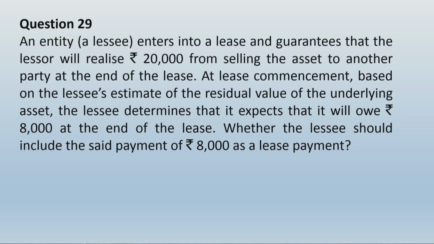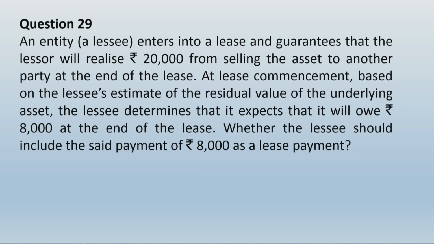At lease commencement, based on the lessee's estimate of the residual value of the underlying asset, the lessee determines that it expects that it will owe rupees 8,000 at end of the lease. Whether the lease payment should include the said payment of rupees 8,000 as a lease payment.